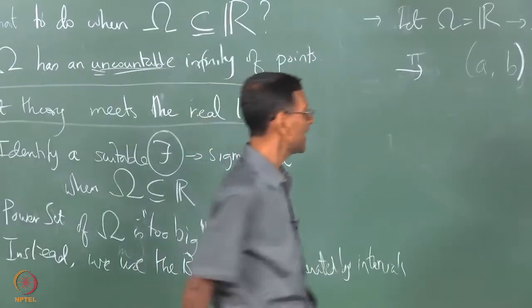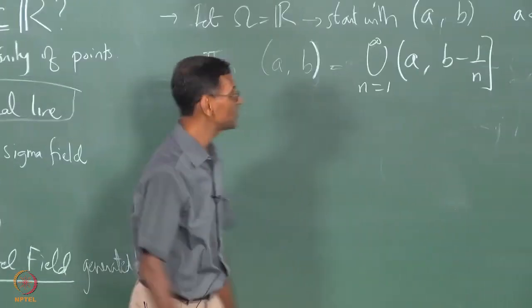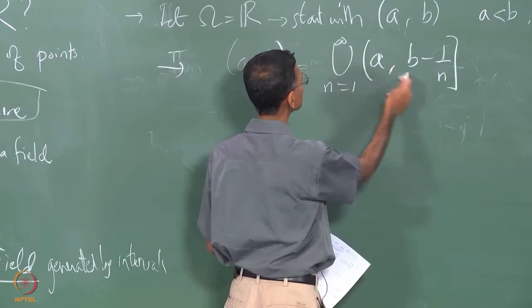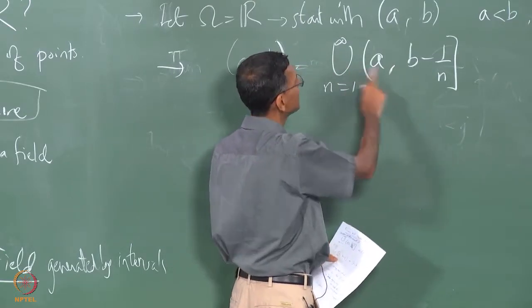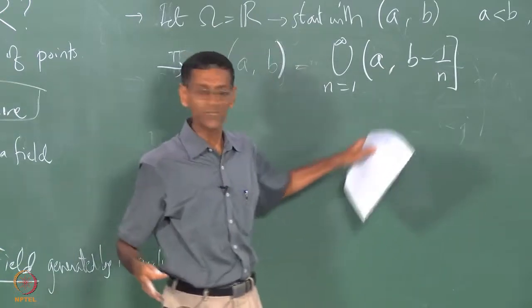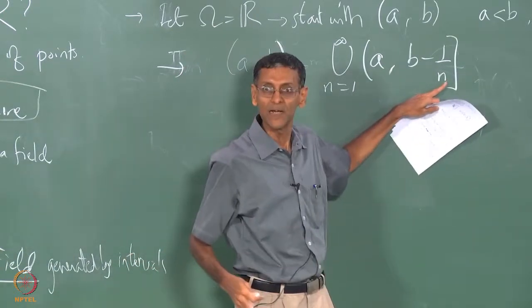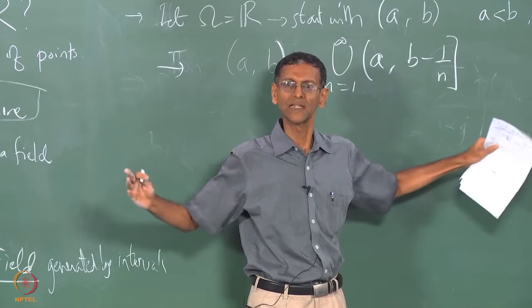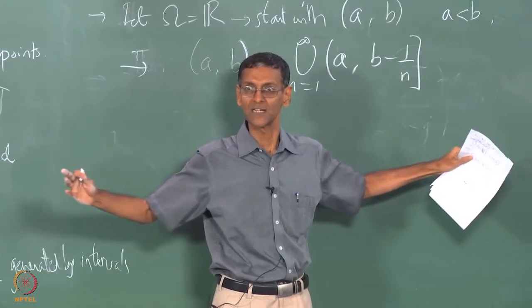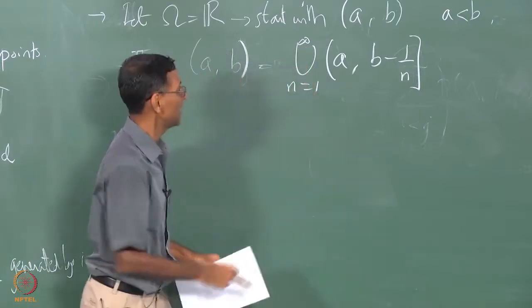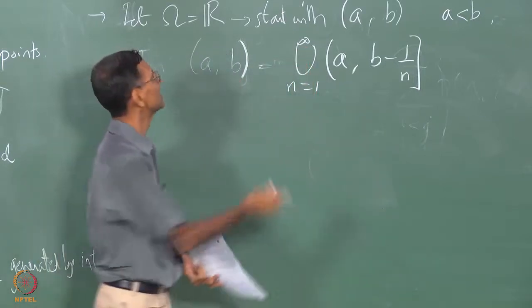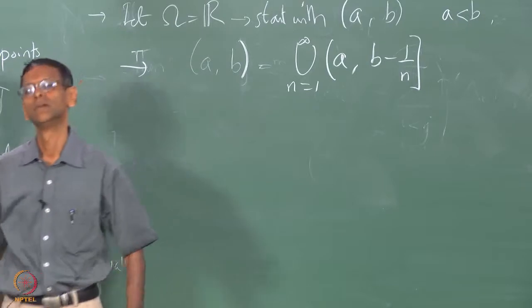This is a sequence of nested closed intervals. As you make n bigger and bigger, you make the interval larger and larger, and ultimately in the limit, as n, a positive integer, goes to infinity, you get the open interval (a, b).